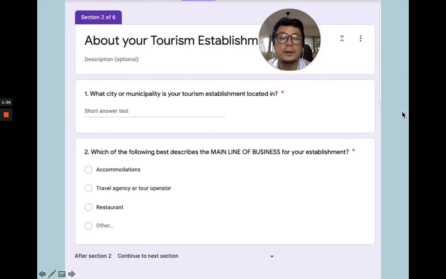Okay, so this is what the first part of the survey looks like. The first question is, what city or municipality is your tourism establishment located in? So they put in the name of their municipality or city. In this case, we put in the example of Quezon City.